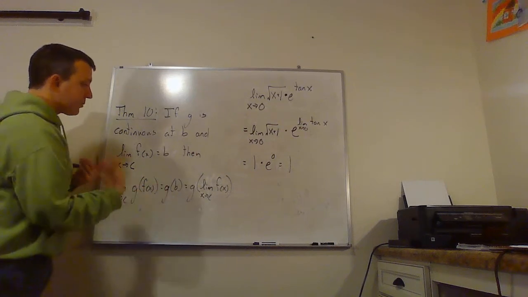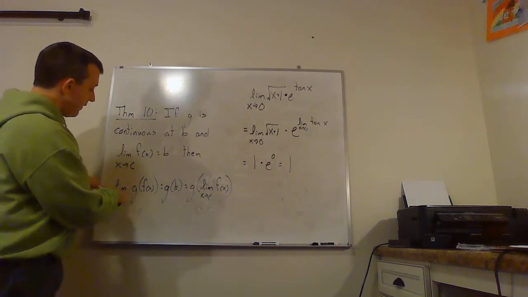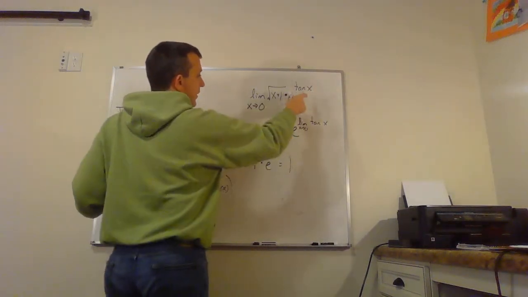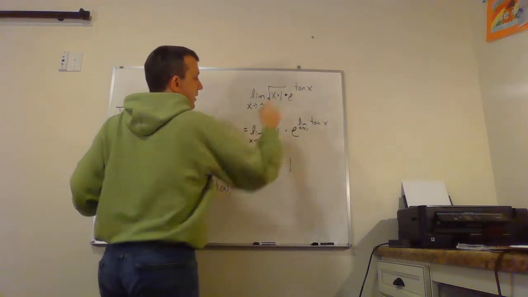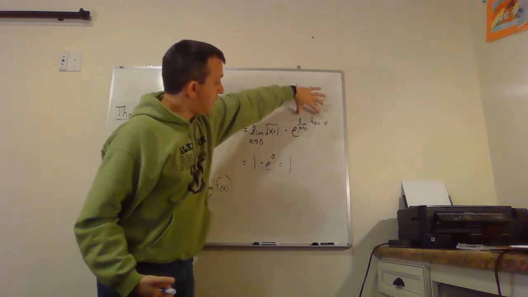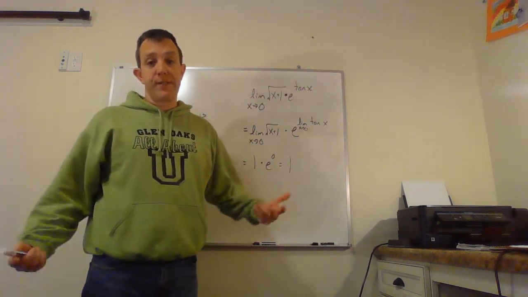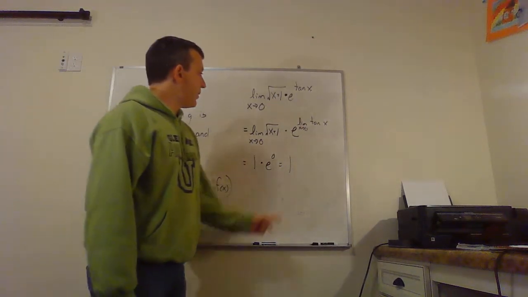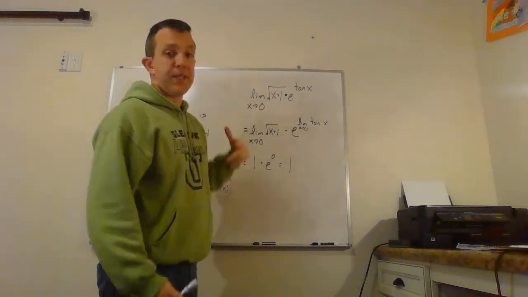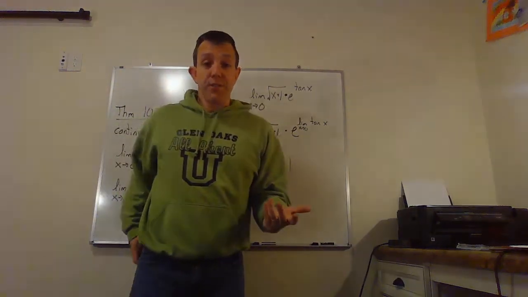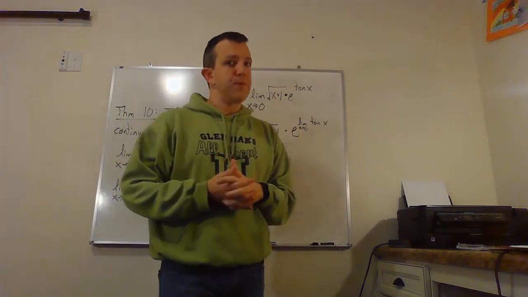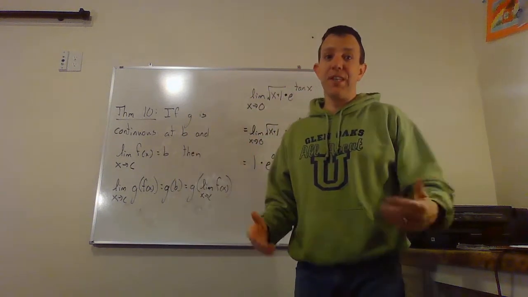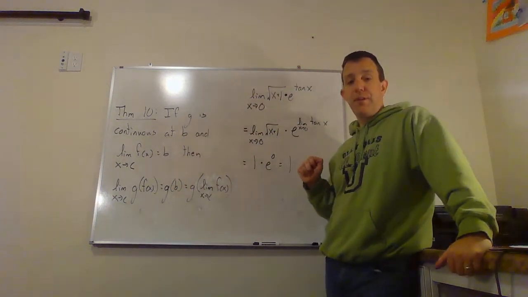So basically what we're going to be allowed to do is, instead of trying to take the limit of the e to the tangent, we can do e to the limit of the tangent, and that's pretty straightforward. Once we pull that limit inside, tangent is a trig function, and we said that those were all continuous, which means that the limit exists, and the limit is equal to what you get if you plug in the number, in this case 0.